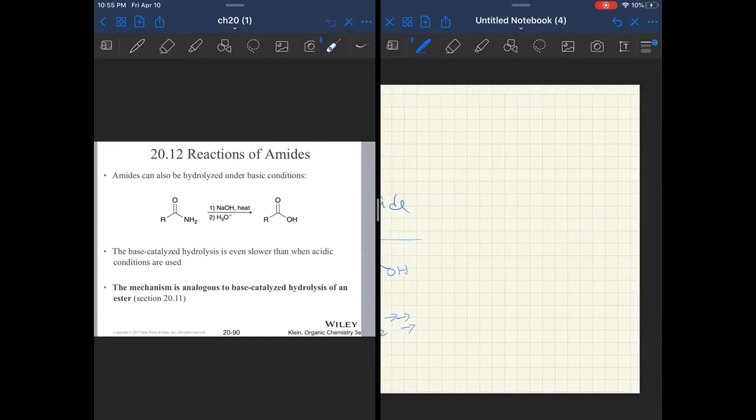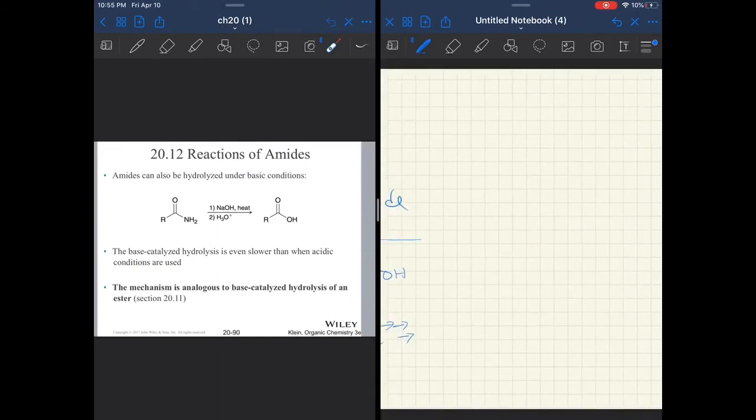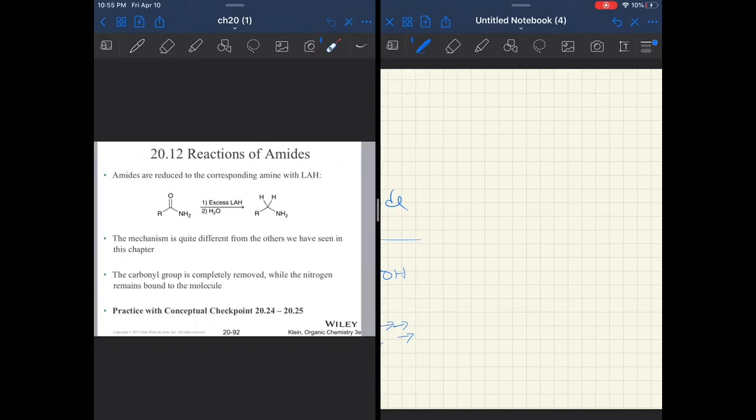It can also be hydrolyzed under basic conditions, just like with the ester. But it's even slower than acidic conditions, and so I'm not going to present this one to you. Very simple, basic mechanism, but you're not going to be responsible for it, so we're going to continue forward.